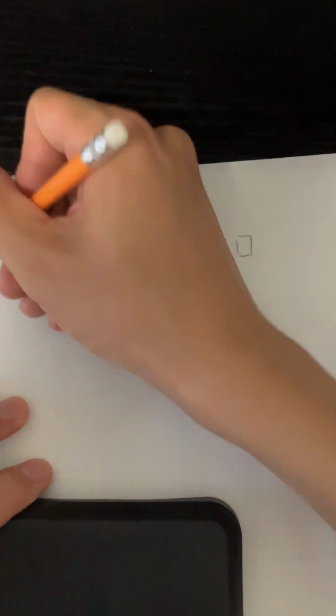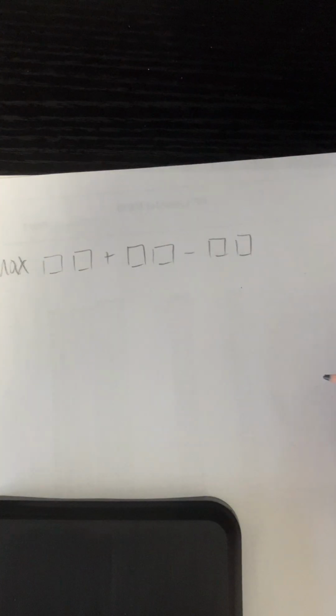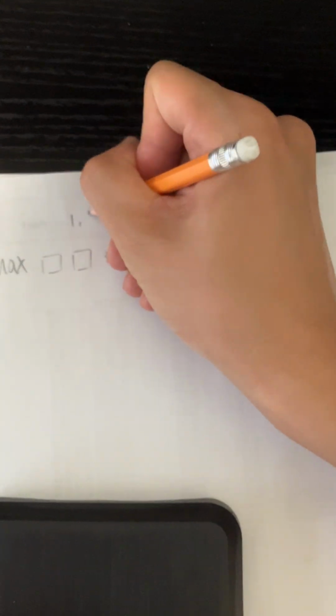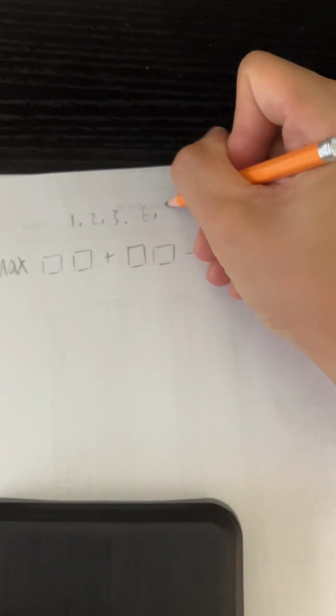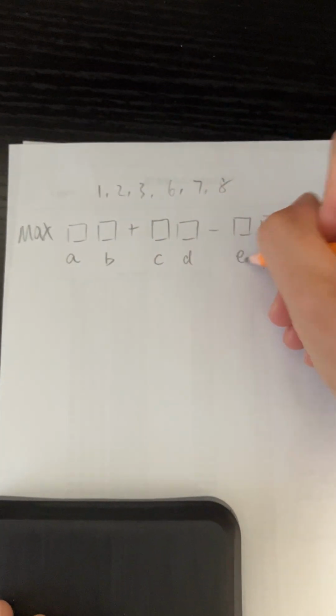And we want to maximize this thing, right? And the numbers we've got on hand are 1, 2, 3, 6, 7, 8. I've just ordered them. They are not ordered in the original paper. So I say this is A, this is B, this is C, this is D, this is E, this is F. Of course, I'm not saying that you should do this on the exam.